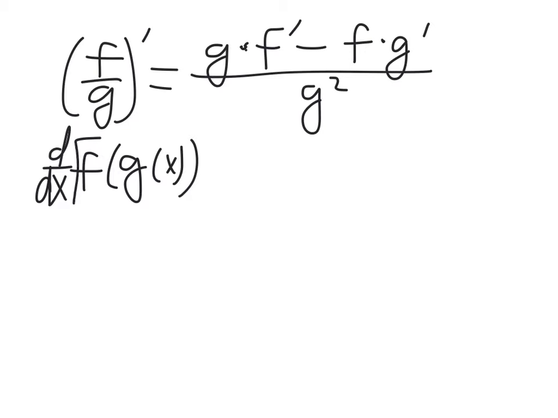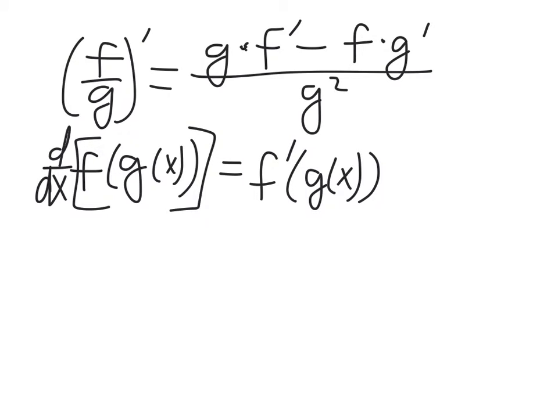I'm going to take the derivative of technically a composition, say the square root of the quantity x squared minus 4 or something like that. Okay. F represents the outside. So the chain rule says the derivative of the outside and then evaluated with the original function still on the inside. Okay.